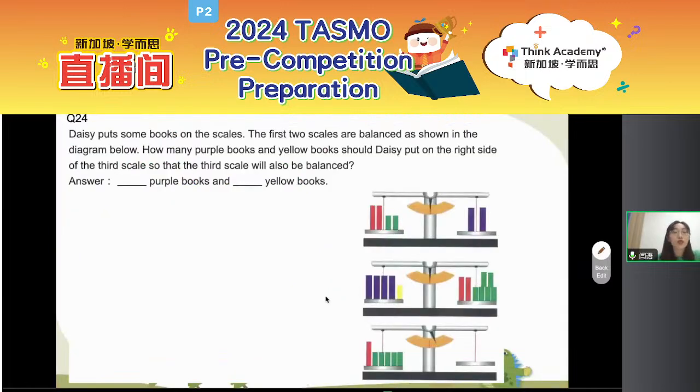Okay, so now let's move on to question 24. To be honest, this question is a bit hard. Let me check what the answer is. How many purple books and how many yellow books are there? Please answer.